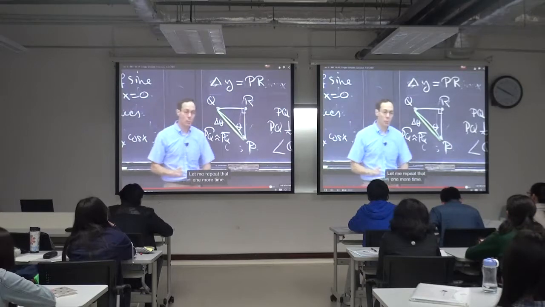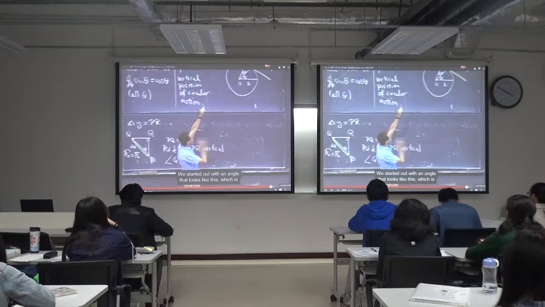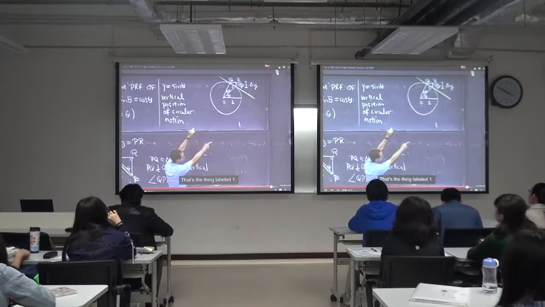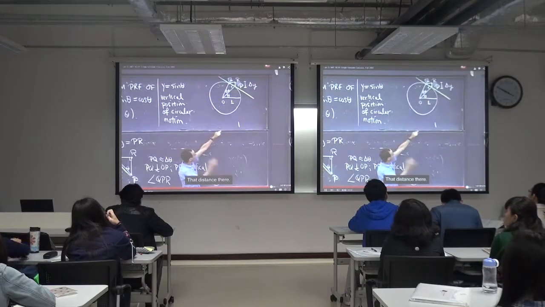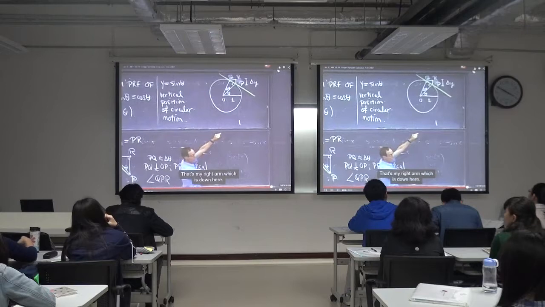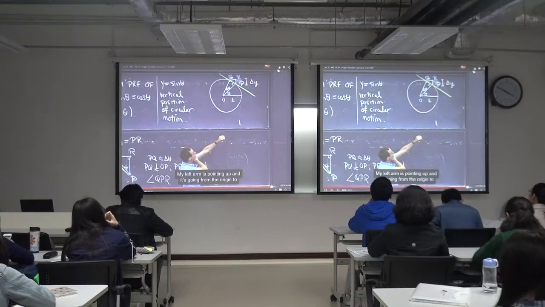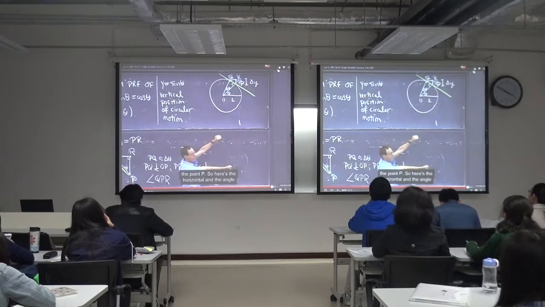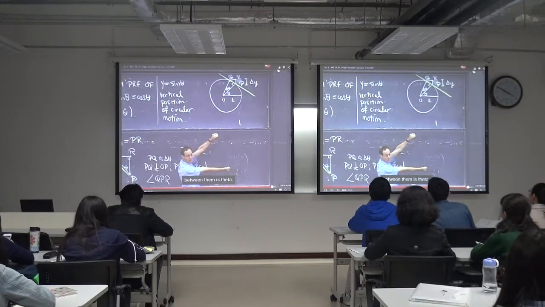Let me repeat that one more time. We started out with an angle that looks like this: the horizontal, that's the origin, my right arm, which is the horizontal. My left arm is pointing up, and it's going from the origin to the point P. So here's the horizontal, and the angle between these is theta.